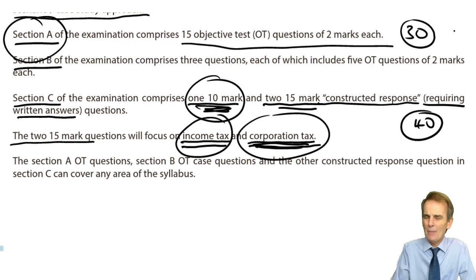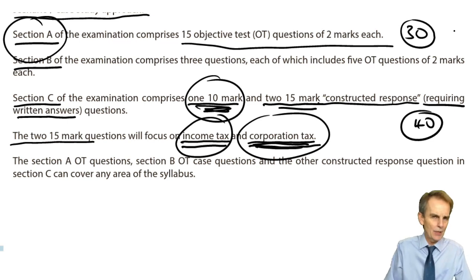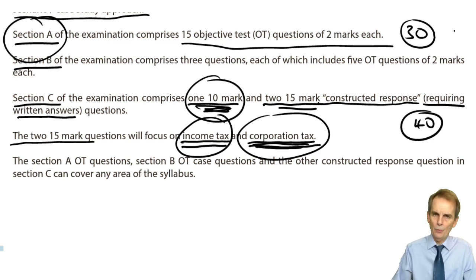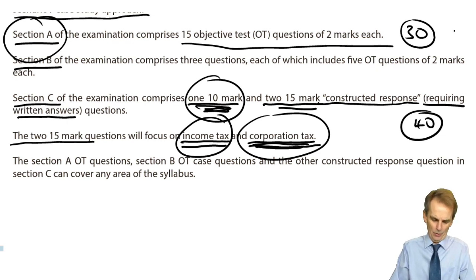For example, and we won't fully appreciate this yet, and I will remind you as we go through, when we prepare an income tax computation, we could be asked to compute purely the figure of taxable income, the amount of income by its name that is taxable, that is chargeable to tax. We could be asked to compute an income tax liability, or we could be asked to compute an income tax payable.